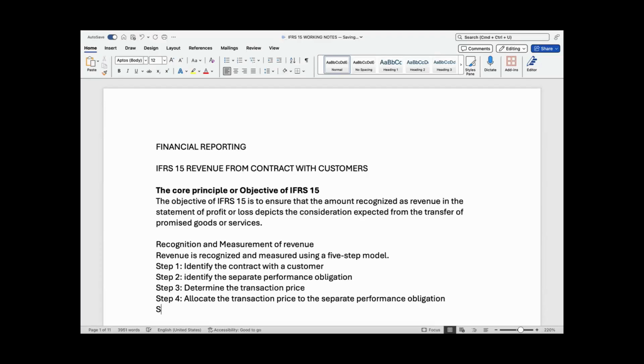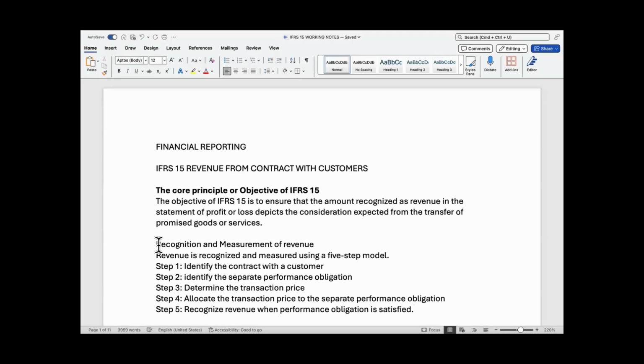And step 5 talks about recognize revenue when performance obligation is satisfied.